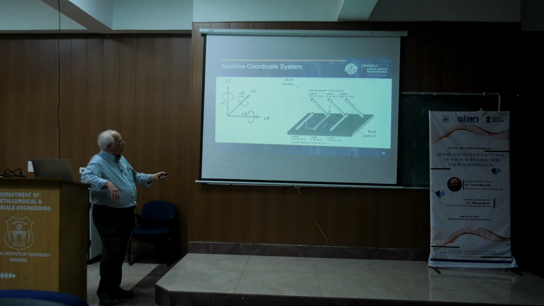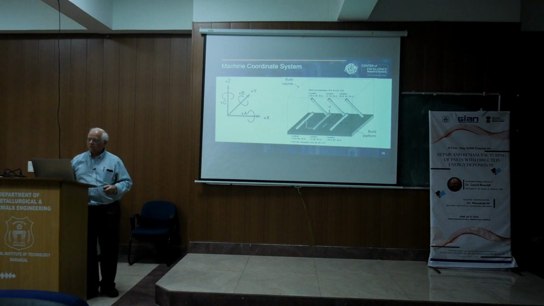All of these are at y equals plus 90, so that part didn't change. These are all at negative 90 on y. This shows the rotation of B, rotating around the y-axis by minus 45 degrees. Then these in front here are rotated at B equal plus 45 degrees.